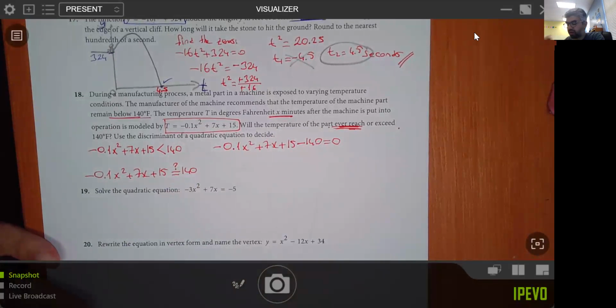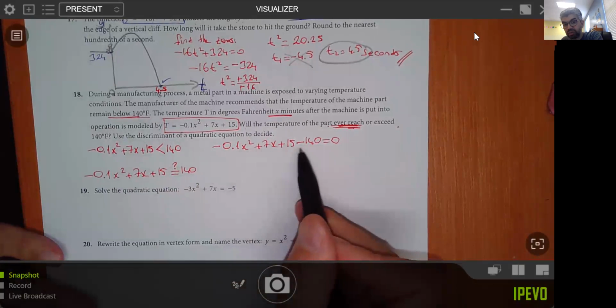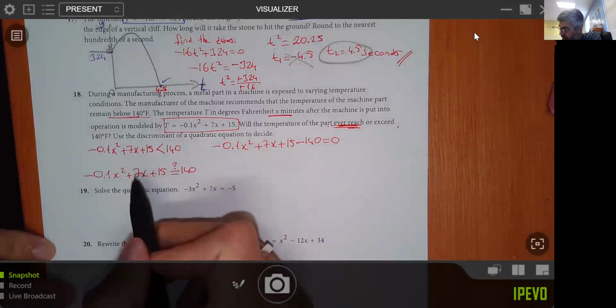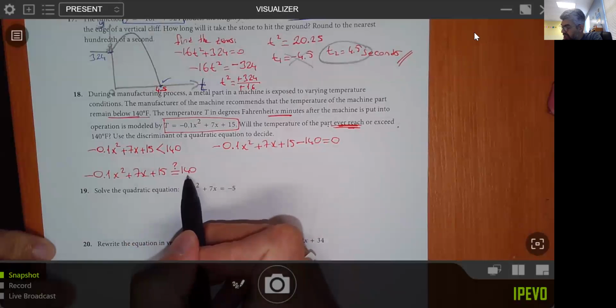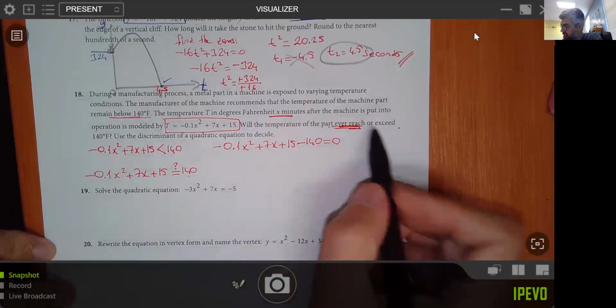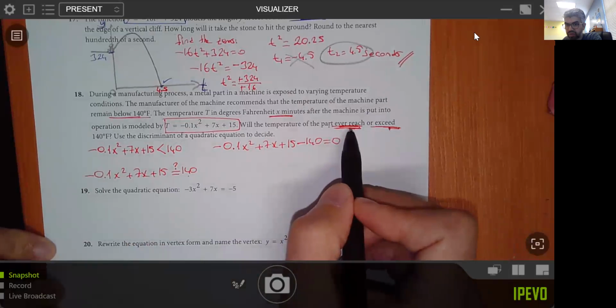Basically, I'm looking for whether this equation has a solution. If this equation has a solution, it means the temperature reaches 140. Okay, so I'm not looking at this part yet. Okay, guys, I'm looking at this part first.